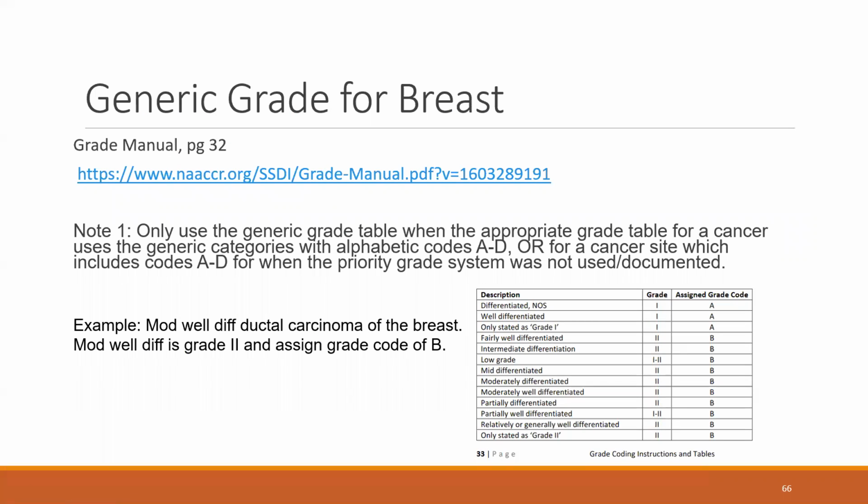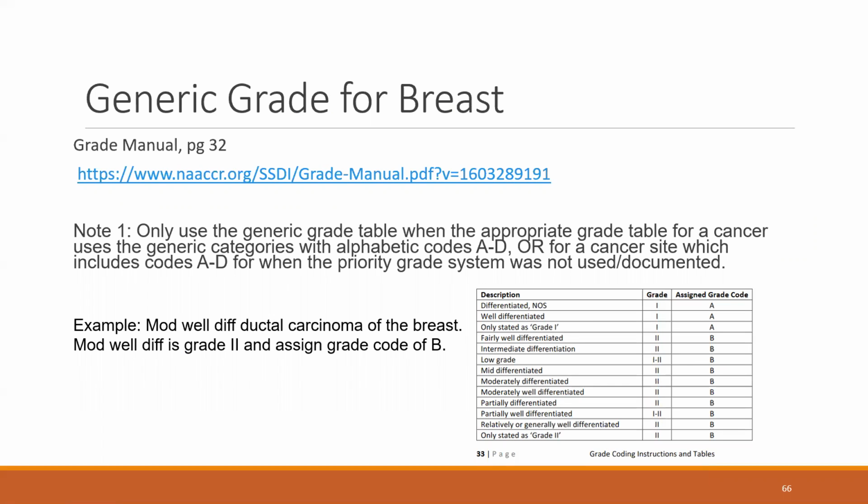The generic grade table is on page, I think, 32 or 33 in the grade manual. You can only use the generic grade table when the appropriate grade table for a cancer uses the generic categories like A, B, C, or D.